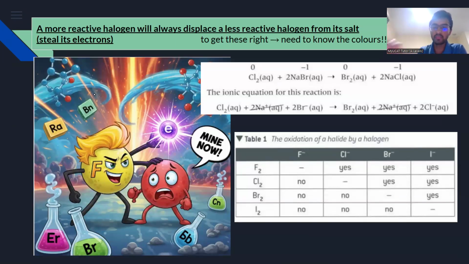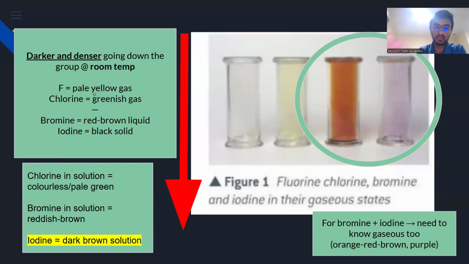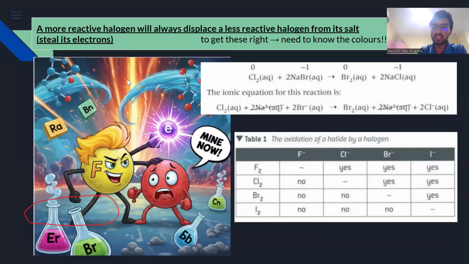So chlorine, which is more reactive, more electronegative, a better oxidizing agent, is going to take the electrons from the bromide ions and it's going to produce bromine molecules. And so once we've produced bromine molecules and they're present in solution, we're going to end up with a red-brown color. So what is the main change you're going to see with this reaction? You're going to see a red-brown color appearing. Does that make sense?